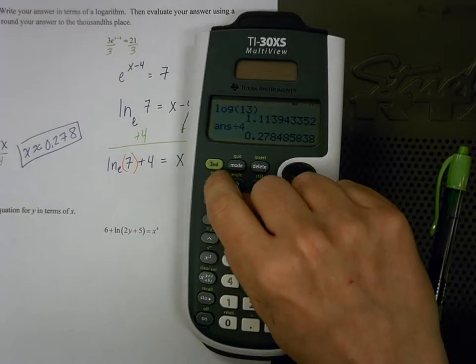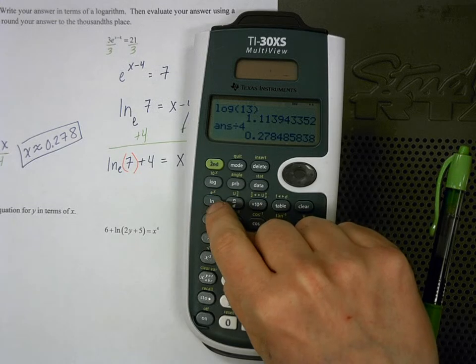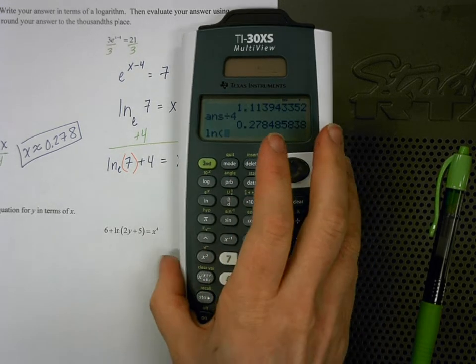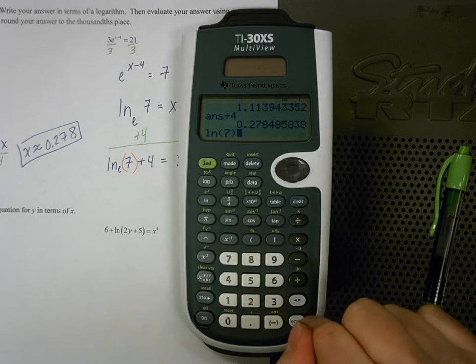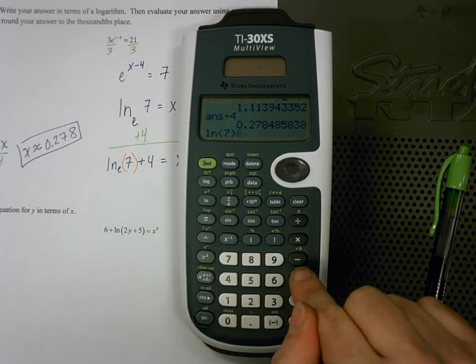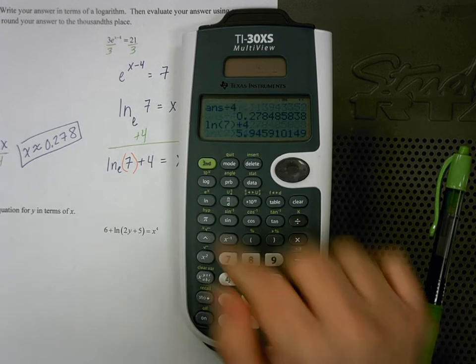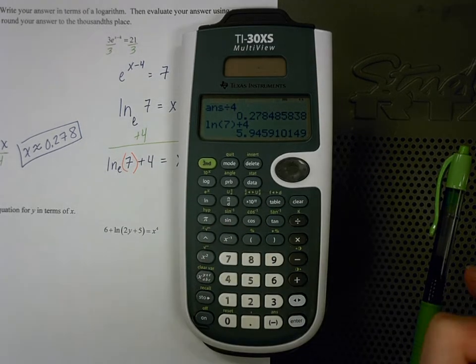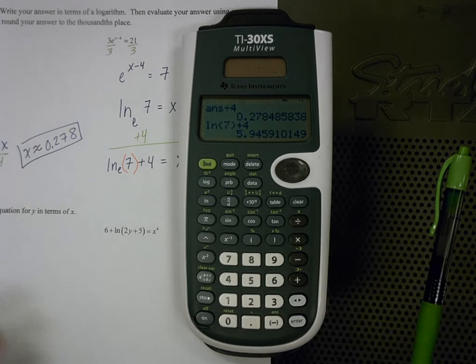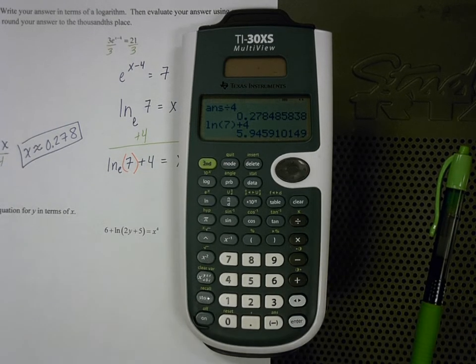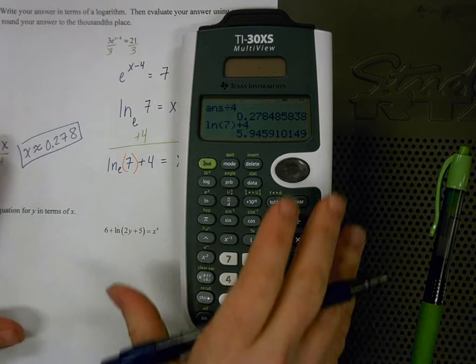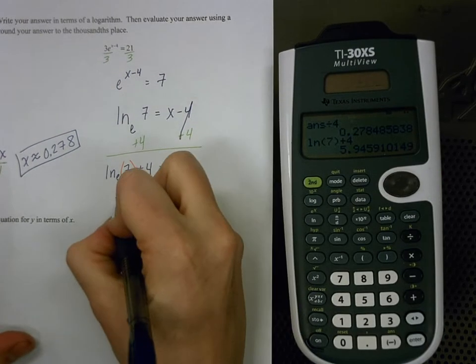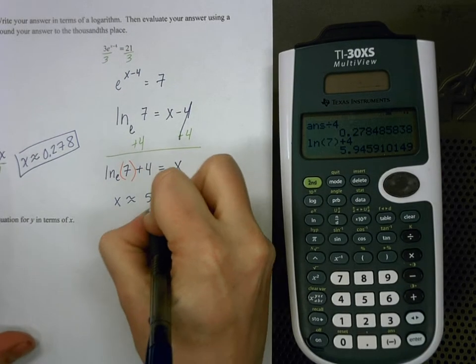Right under the log button, you should have a natural log or an ln. You can do ln of 7. You don't have to write the e down. Close the parentheses before you add 4, or you can take ln of 7 and then add 4 later. We get 5.946. So x is approximately 5.946.